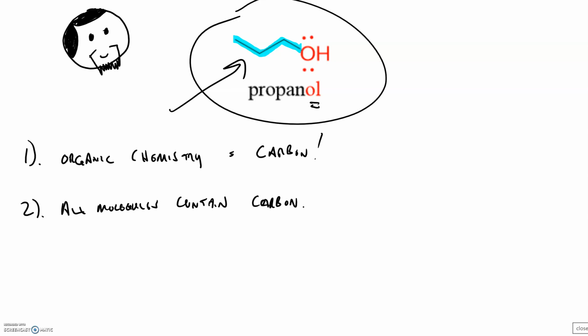We're going to assume one more thing: that if all molecules contain carbon, all carbons are bonded to hydrogen. For the most part, every carbon atom will bond to as many hydrogen atoms as it possibly can. And you guys remember this, a carbon atom has 4 bonding sites.